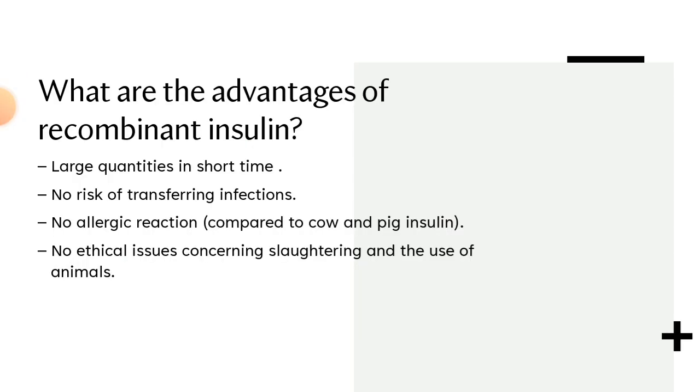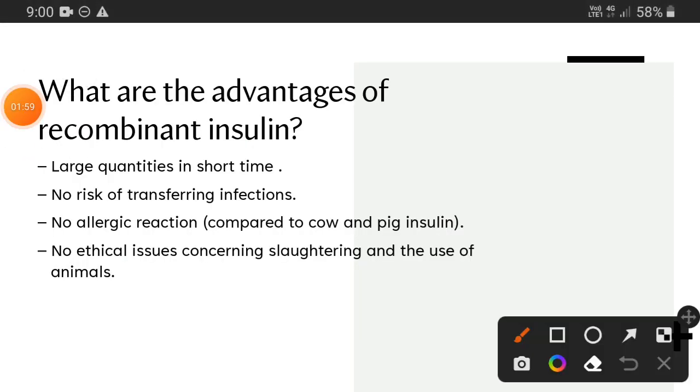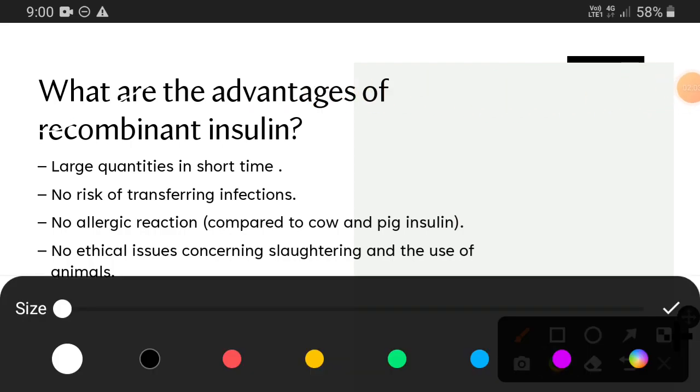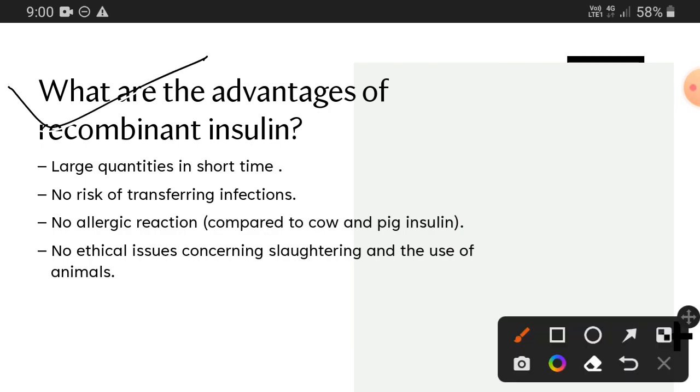So let's move to the next slide. The first question is, what are the advantages of recombinant insulin? Why do we use recombinant insulin instead of other methods? Previously, before recombinant insulin, we were using animal insulin, because the insulin hormone which regulates the sugar level in blood is also present in cows and pigs.